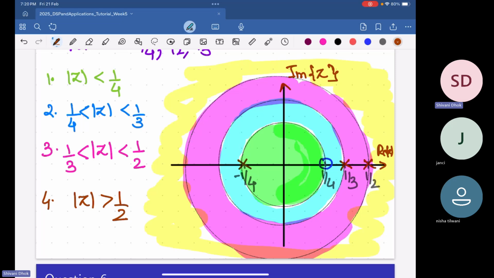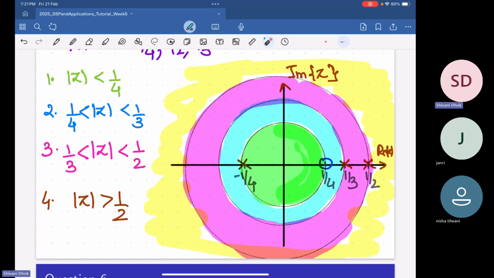So this is a small trick that you can use. All the possible regions of convergence will be interior to the innermost circle, exterior to the outermost circle, and other options will be the annular rings. This kind of donut shape that you're getting, these are known as annular rings, these rings between any two poles.